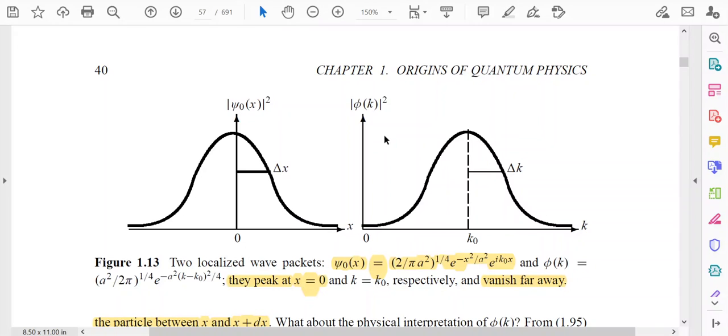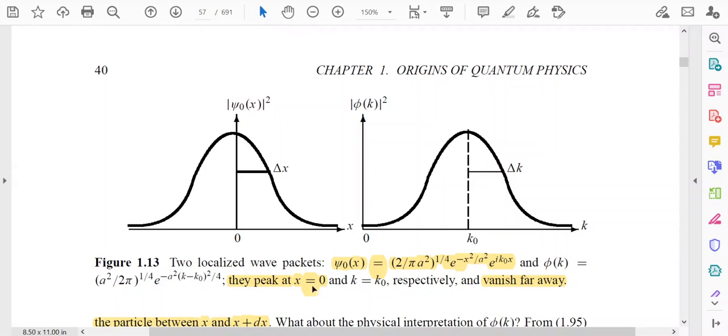So this is the graph of phi k whole square, and we have assumed the structure of phi k as Gaussian in nature. So phi k is equal to (a square by 2 pi) to the power 1 by 4, e to the power minus a square (k minus k0) whole square divided by 4.